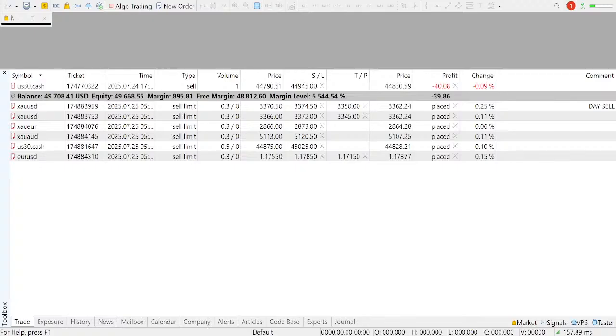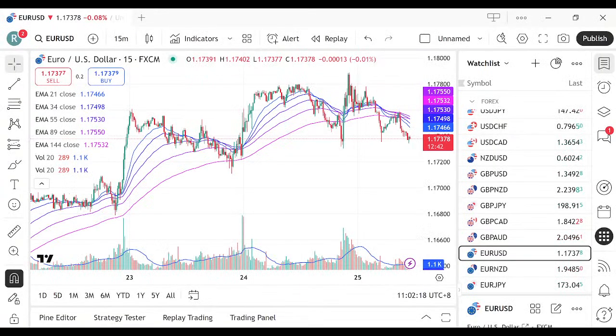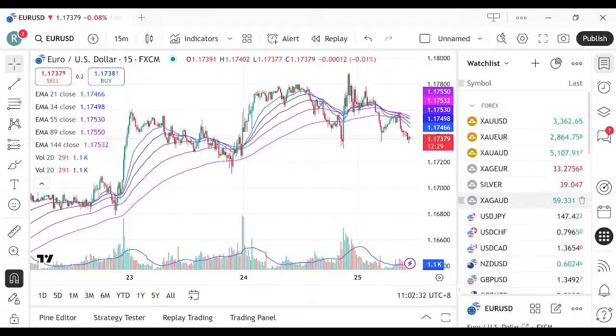So now we are going to go into detail of the trades for the next session. Now, let's look into the euro dollar first.